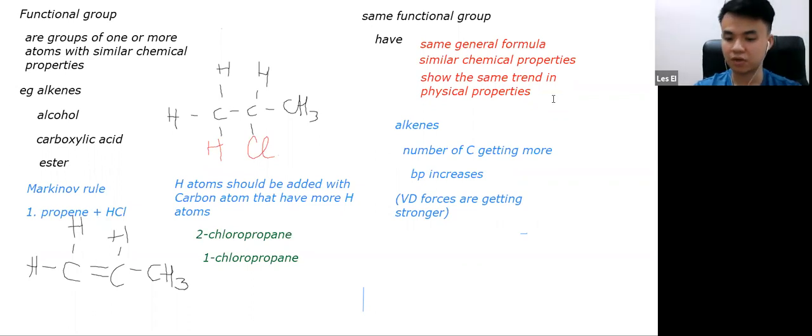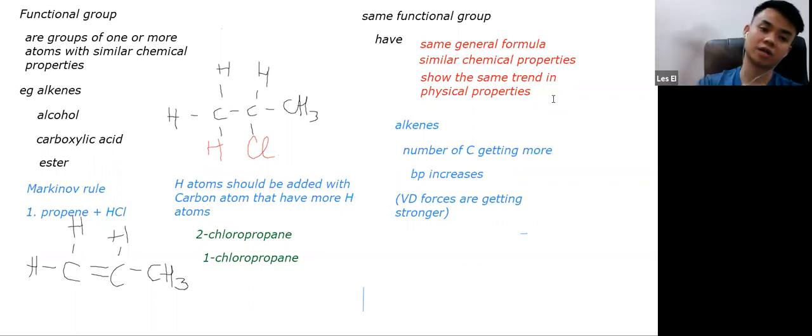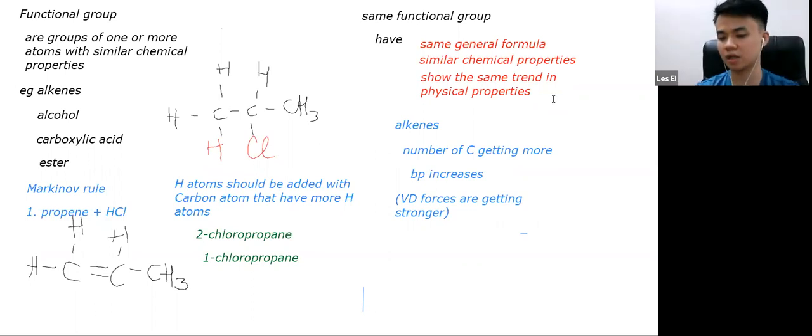I mean, if the C chain is getting longer, the melting point and the boiling point always get higher, for instance. So that is the same trend in the physical properties. So until here, do you guys have any questions?